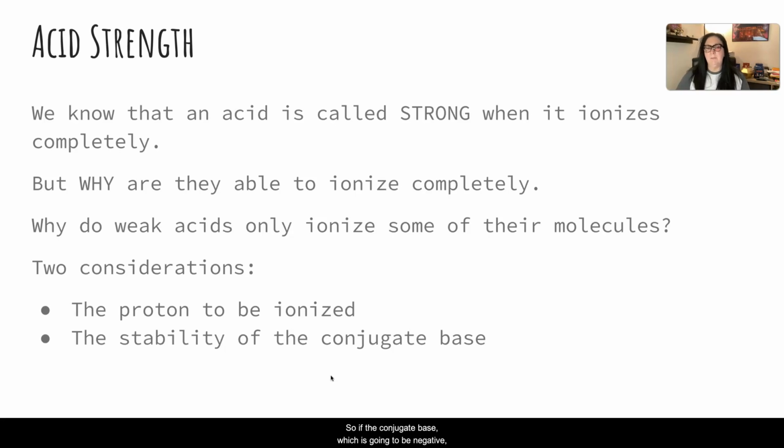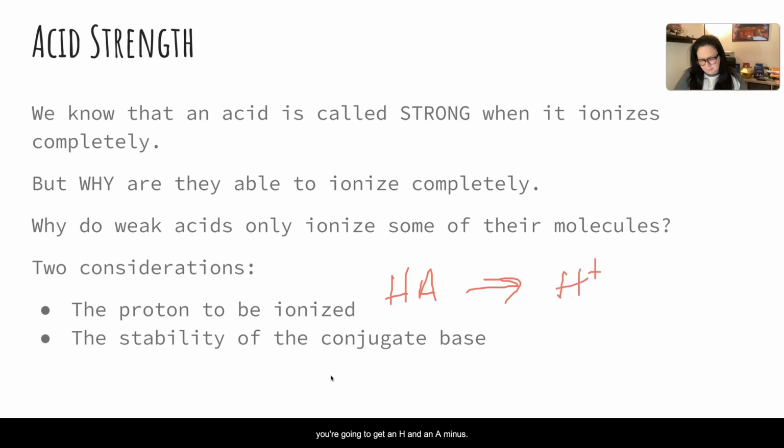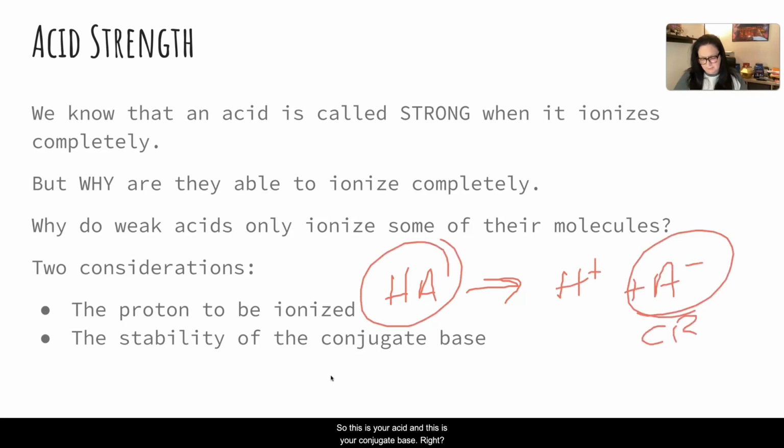So the conjugate base is going to be negative, because if you remember, if you have HA, you're going to get an H plus and an A minus. So this is your acid and this is your conjugate base, right? If your conjugate base is, for lack of a better word, okay with maintaining a negative charge because it has a high electronegativity, then it's going to be a stable conjugate base.